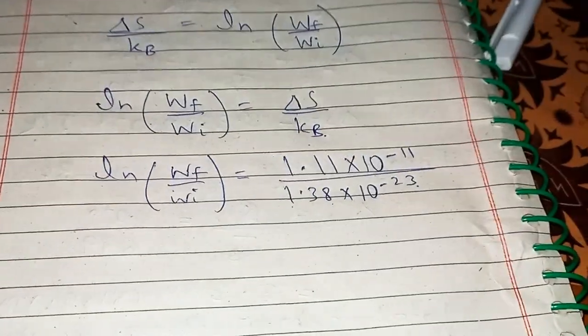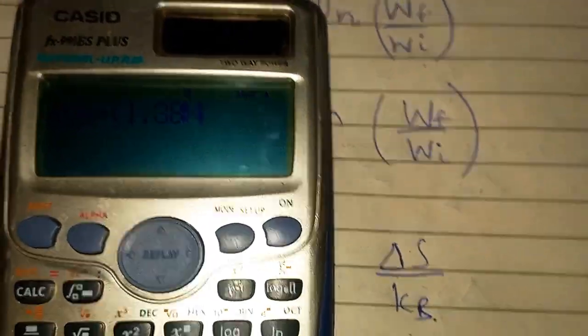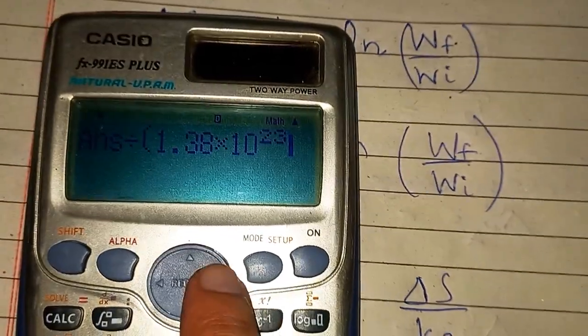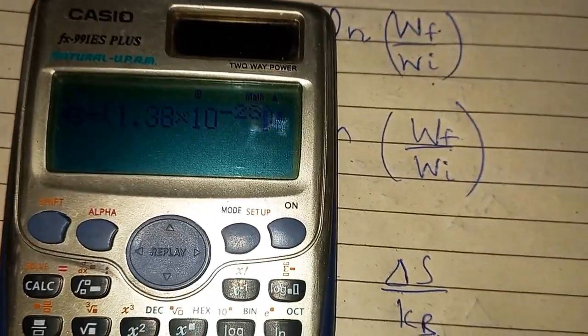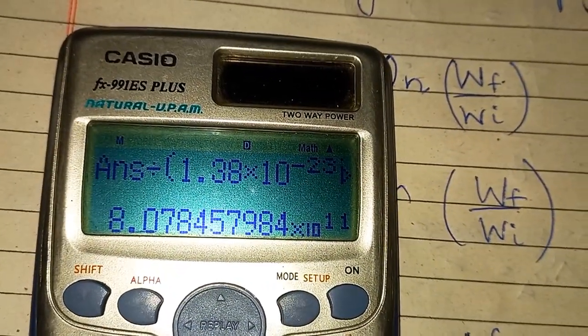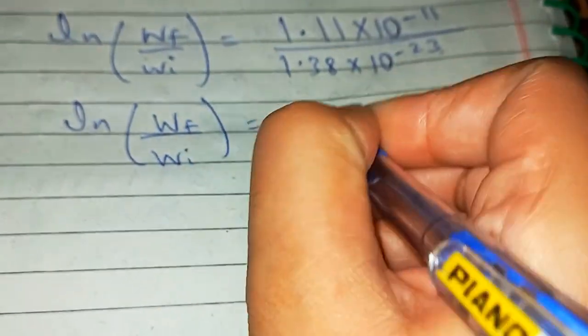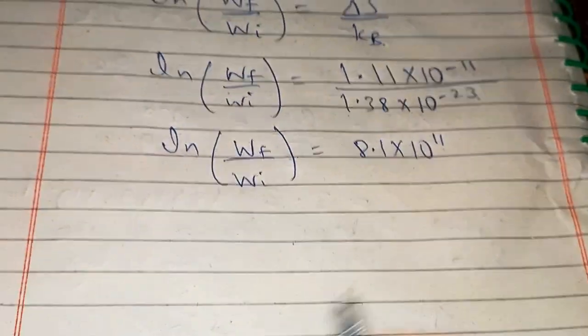Okay, so that is what I did here. Let's divide them. Negative power, and we got 8.1 multiplied 10 to the power 11. That's the value that we got.